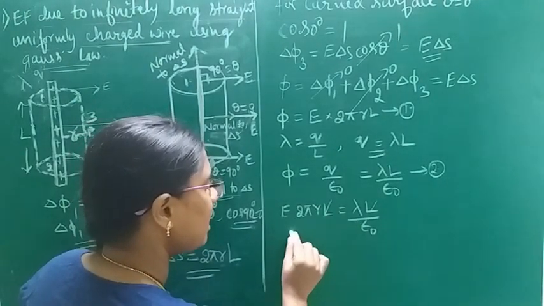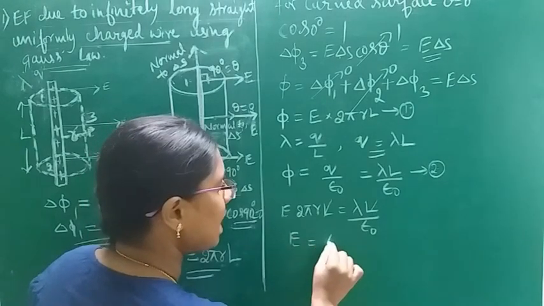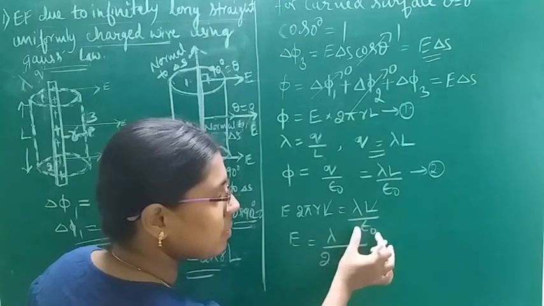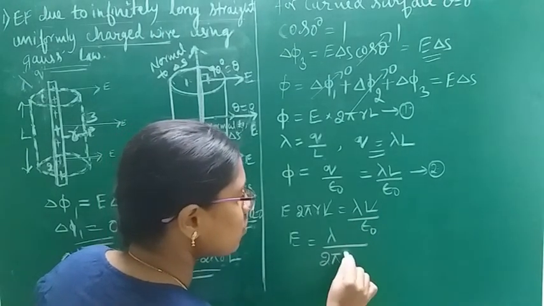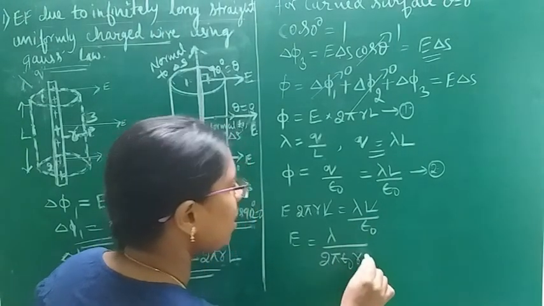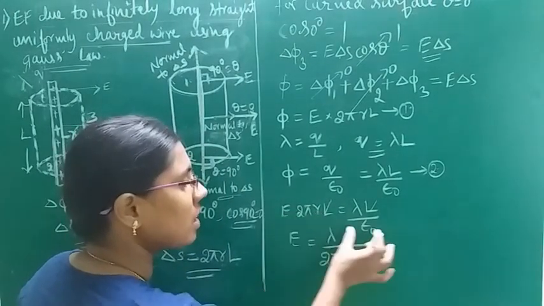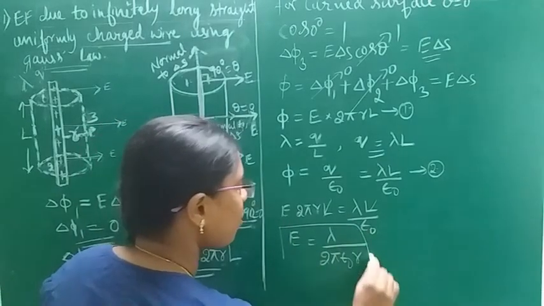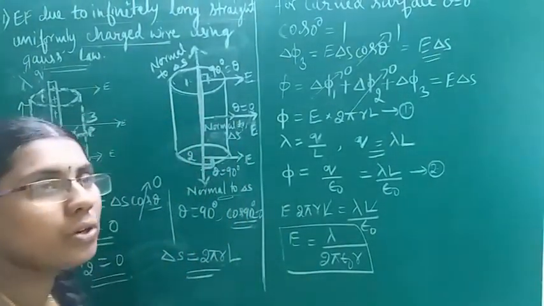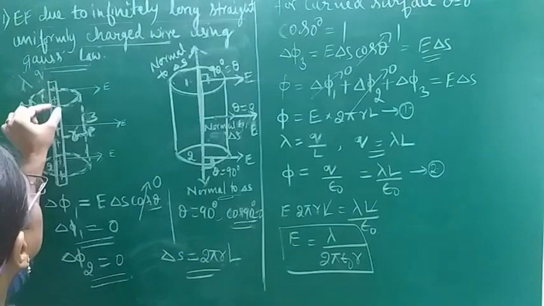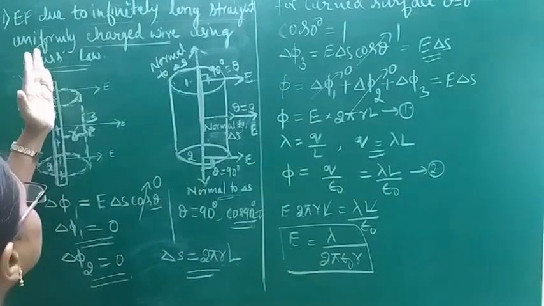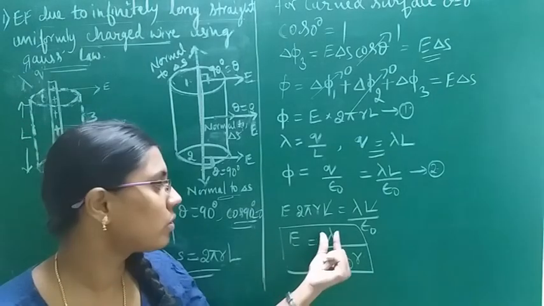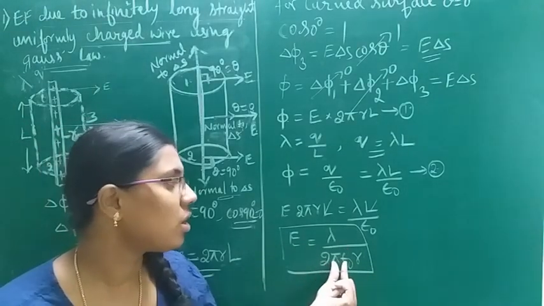So we can write E is equal to lambda divided by 2 pi epsilon naught r. So the expression for the electric field due to a uniformly charged, infinitely long straight wire is E equal to lambda by 2 pi epsilon naught r.